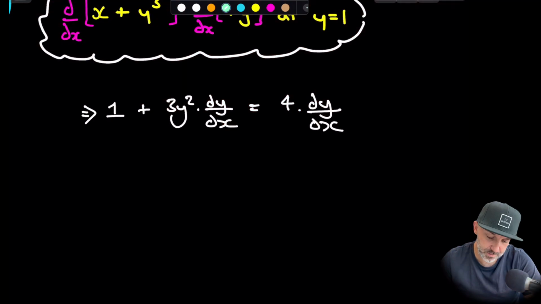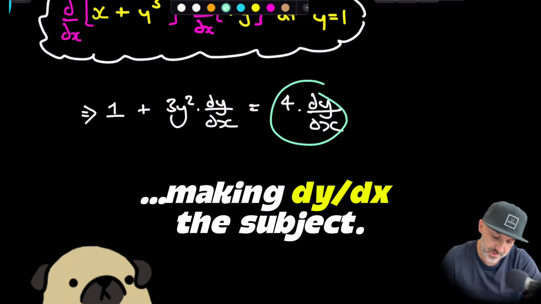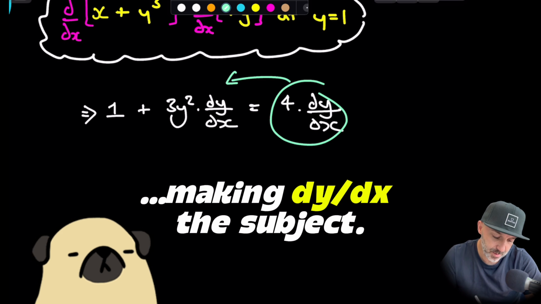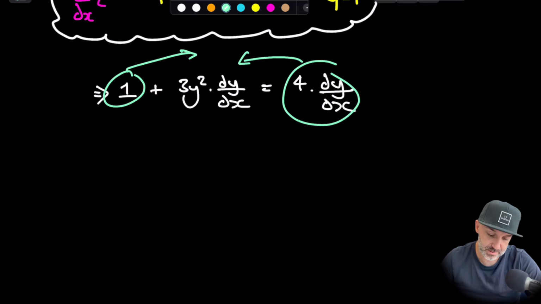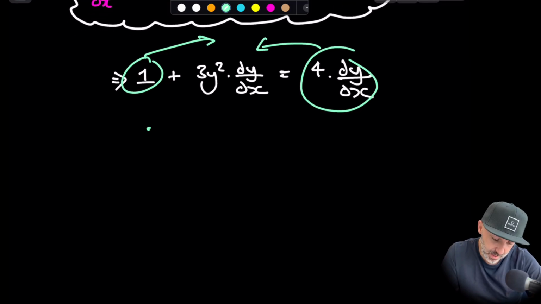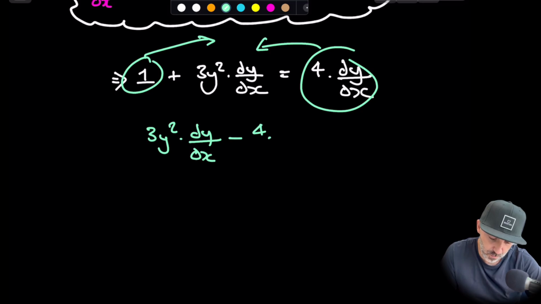I want to make dy by dx the subject. So I'm going to move this to the left-hand side. I'm going to move the 1 to the right. So basically minusing 1 on both sides and minusing 4 dy by dx on both sides. So therefore that gives us 3y squared dy by dx minus 4 dy by dx is equal to negative 1.